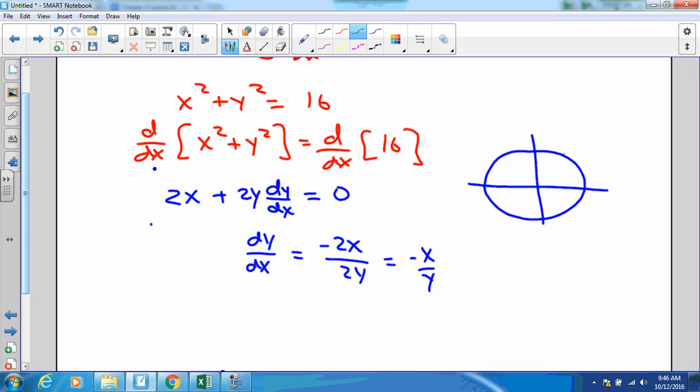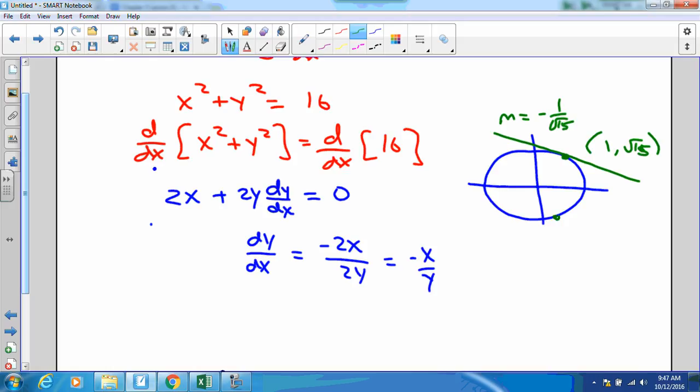If I am looking at the top branch, and I'm at the point, let's see here, what's a good point for this curve? How about 1, root 15? That works. x squared plus y squared is equal to 16. Then my slope will be negative 1 over root 15, based upon plugging in the values of x and y.